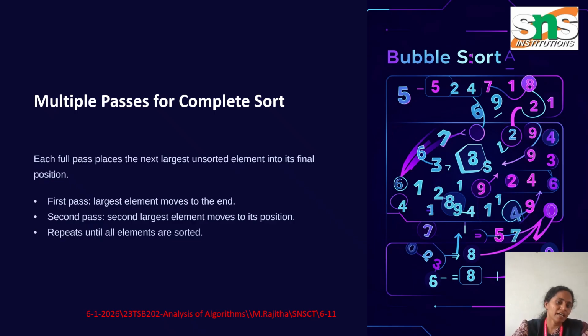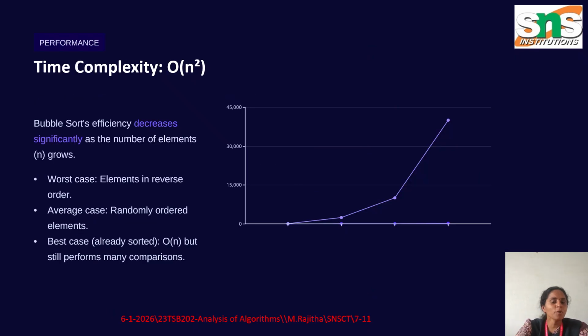If there are n elements, bubble sort may require n minus 1 passes. Even if the list is already sorted, bubble sort still performs comparisons, which makes it inefficient compared to other sorting methods.